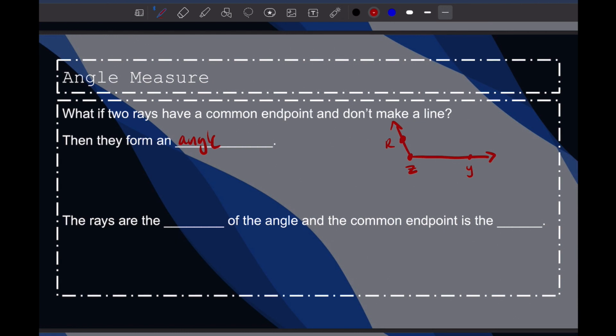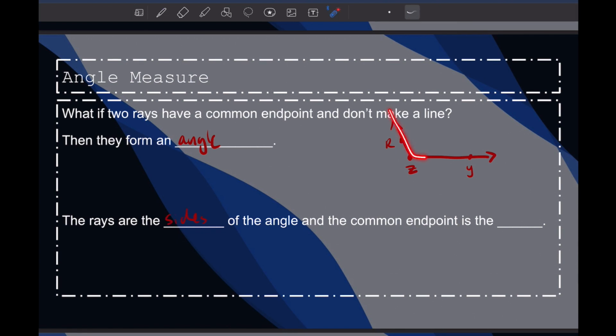So next thing that I want you to take a look at is this particular thing here. It says the rays are the blank of the angle and the common endpoint is the blank. Okay, so formal things in geometry, there's some terms that we have to know. Of course, we have an angle here, and these rays are called sides.